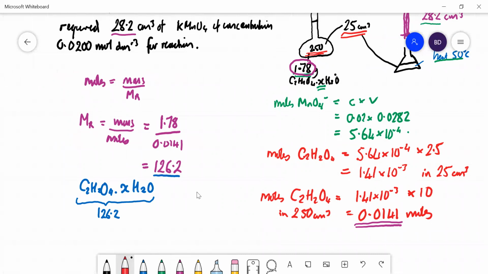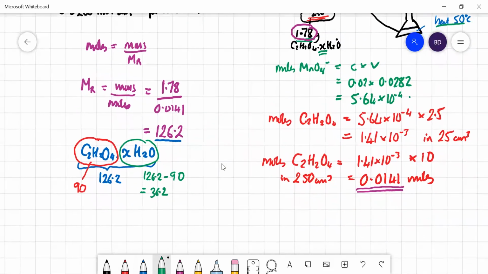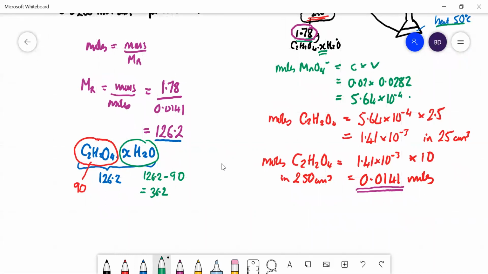Right, we find out the MR of the acid bit: 2 times 12 plus 2 for the hydrogens plus 4 times 16, that gives us 90. So that means the mass of the XH2O is going to be 126.2 minus 90, which is equal to 36.2. How do we find out X? Well, each water molecule weighs 18. So X is equal to 36.2 over 18.